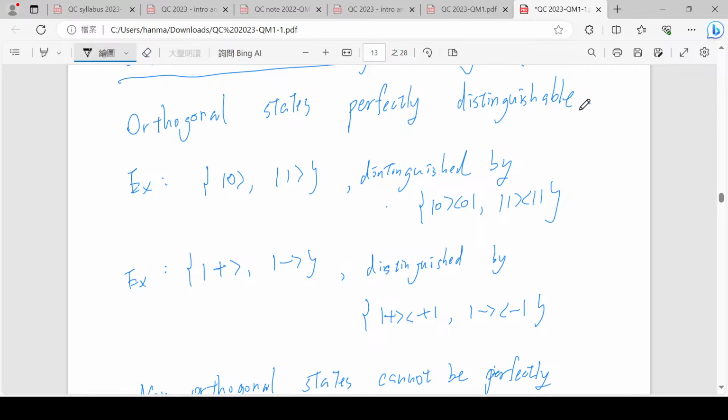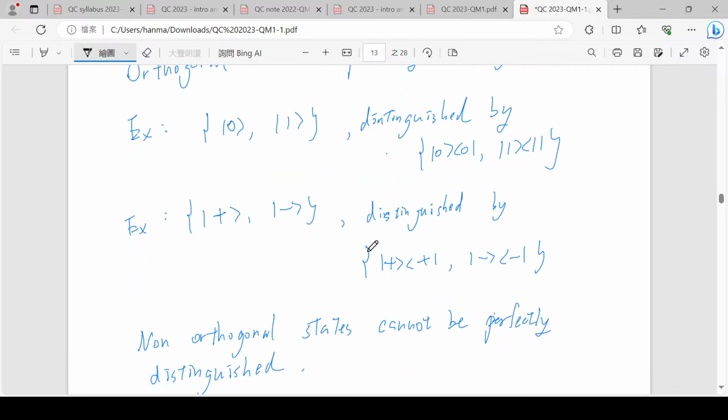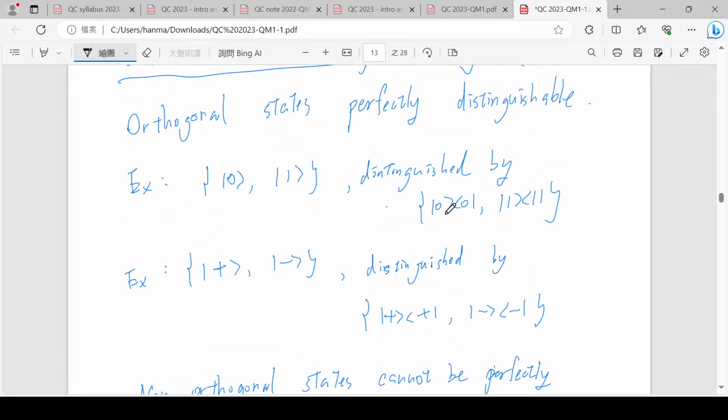Okay. So for example, we have states |0> and |1>. And what do we mean by distinguish? We mean that there is a measurement, a two-outcome measurement, that distinguishes them. So we can distinguish them by the computational basis measurement, |0><0| and |1><1|.